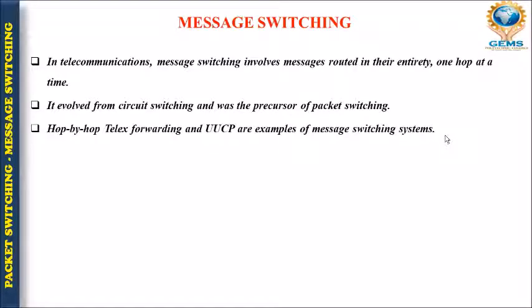Hop by hop means what? It is the connection between two intermediate or two neighboring nodes, right? So hop by hop, telex forwarding and WCP are the best examples of a message switching system.